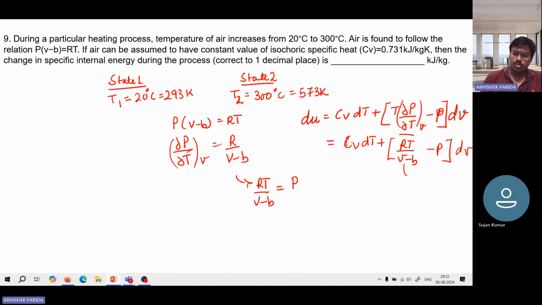This is also P, so P and P get cancelled. It is only C_v dT. So here the internal energy only depends on temperature.